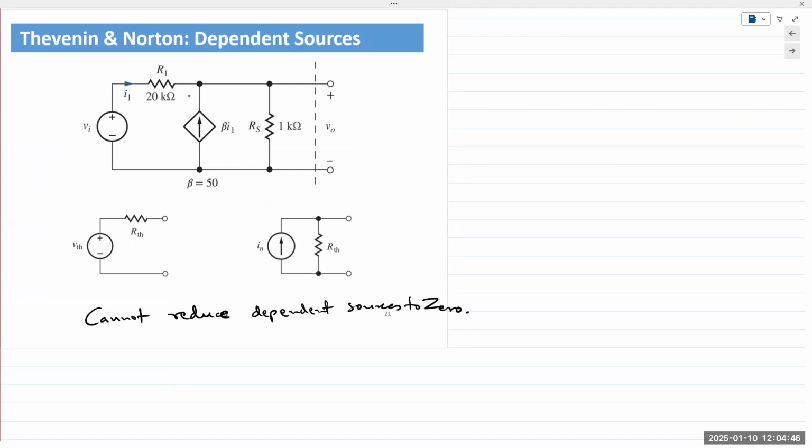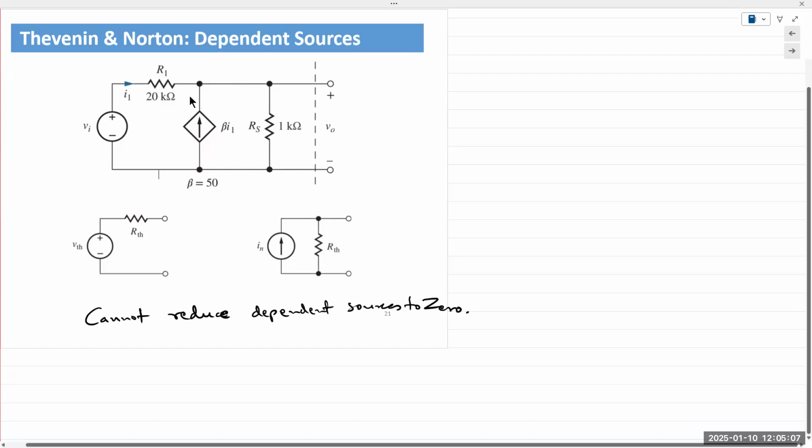That's the only thing to keep in mind. So when you analyze, you simply take it as part of your analysis. If it says beta IB or alpha times something or X times some value, then you cannot reduce it to 0. But dependent source stays in the circuit. Okay, you simply analyze it as it is. And you simply write one more equation to solve for that. Okay.